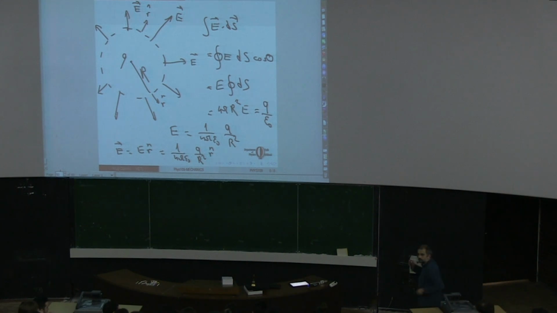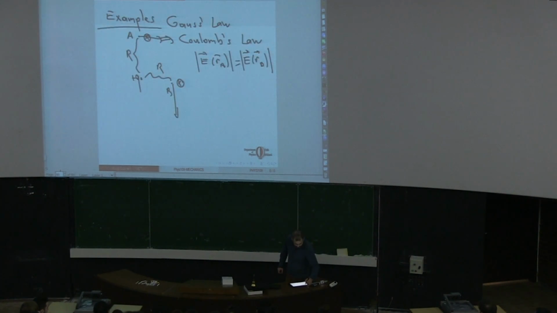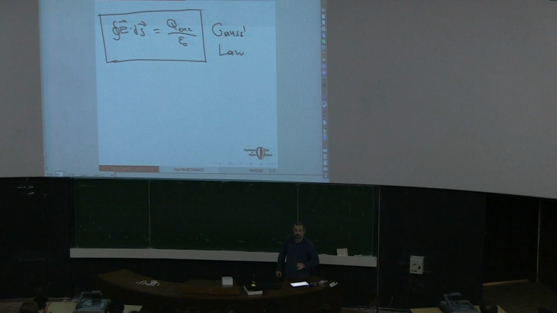To the statement of the Gauss law. This is what we have, the Gauss law. It just tells us that if you imagine any mathematical closed surface, anything, and if you calculate the flux that goes through that mathematical surface, the total flux has to be equal to the total charge enclosed divided by epsilon 0, independent of, let's say, the shape of this surface.